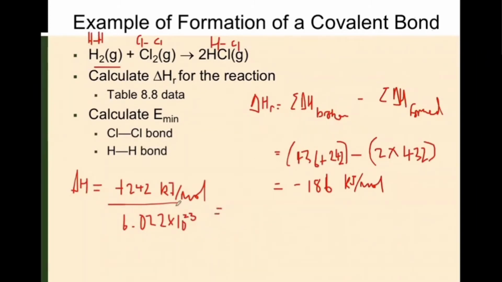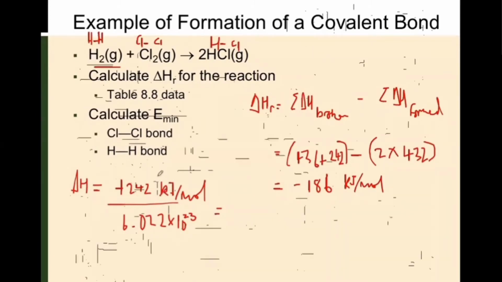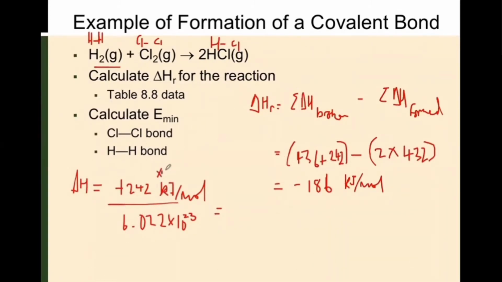And so that's going to be equal to, put it into our calculators. We'll have 242. So convert this also into joules, so times 10 to the 3. So it's 242 times 10 to the 3.